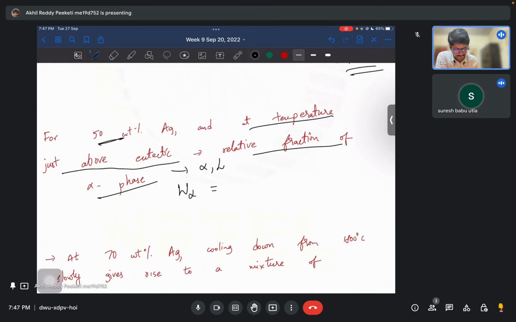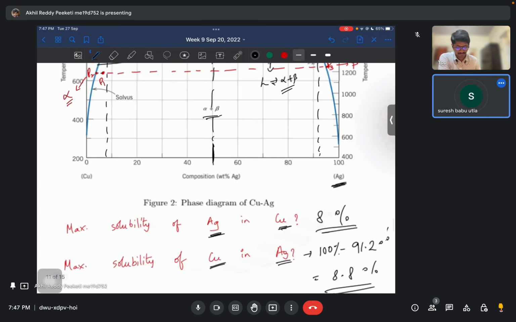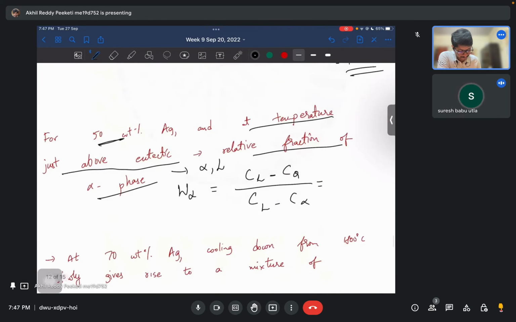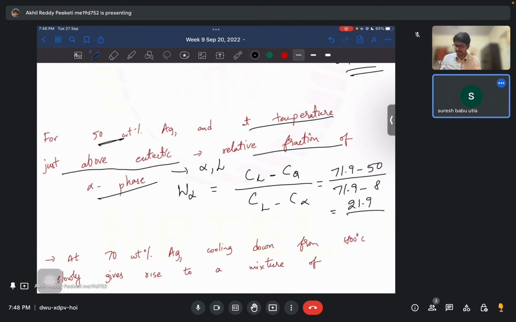Similarly, the fraction of alpha would be Cl minus Cq by Cl minus C alpha. Is this okay? So alpha's fraction at this point is proportional to this length, right? So 71.9 minus 58 by 71.9 minus 8, which is 13.9 by 63.9.